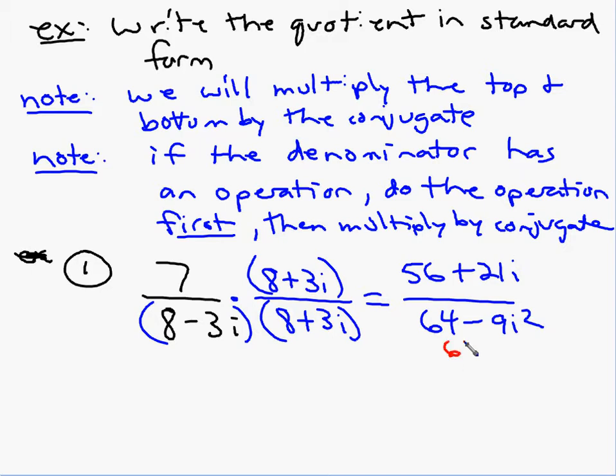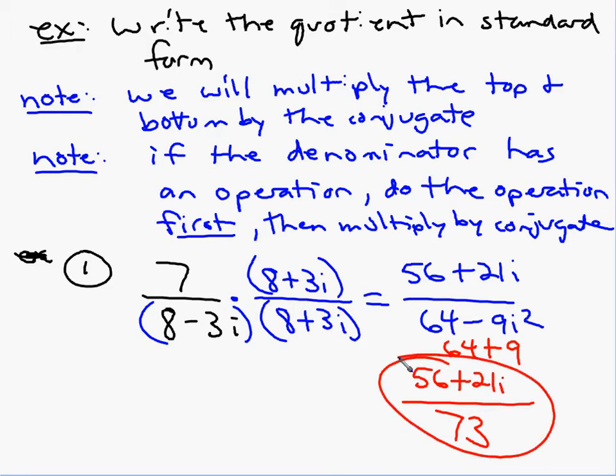Isn't this the same thing as 64 plus 9? So my final answer would have a 73 in the denominator, and on top I would just have 56 plus 21i. And we have taken care of getting that i out of the denominator. That problem is done.